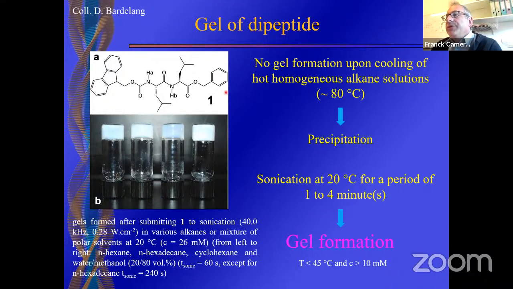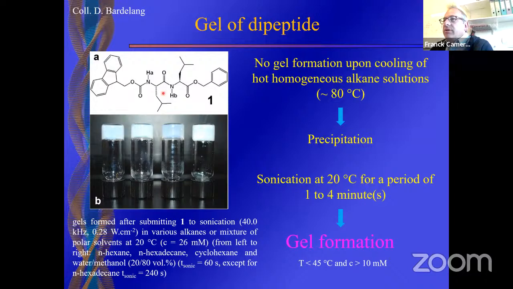Another example, which has been developed in collaboration with David Bardelang, at that time in the US. This is a dipeptide you can synthesize, which is protected by a group here, if I remember. This molecule is able to make gels in various solvents, for example hexadecane, cyclohexane, and a water-methanol mixture.